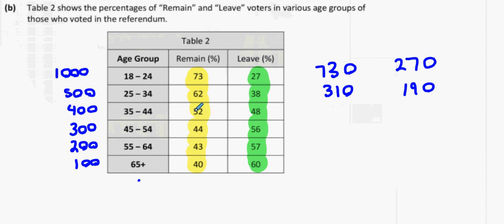And then 52% of 400. You just get the percentages of the numbers I put to the left and we're just going to add them up, just to show you an example of why it doesn't always work. That one's 192.